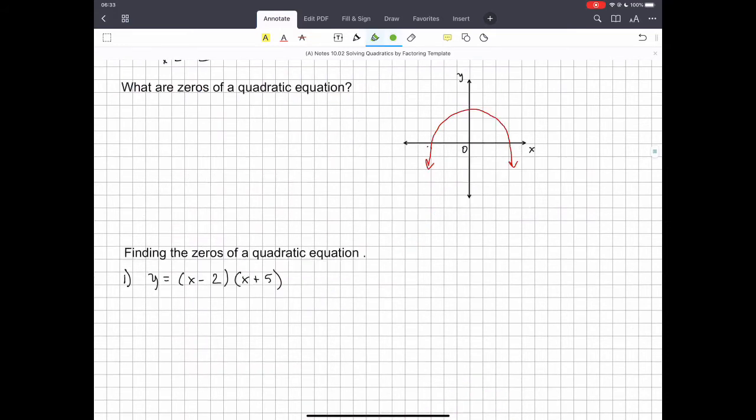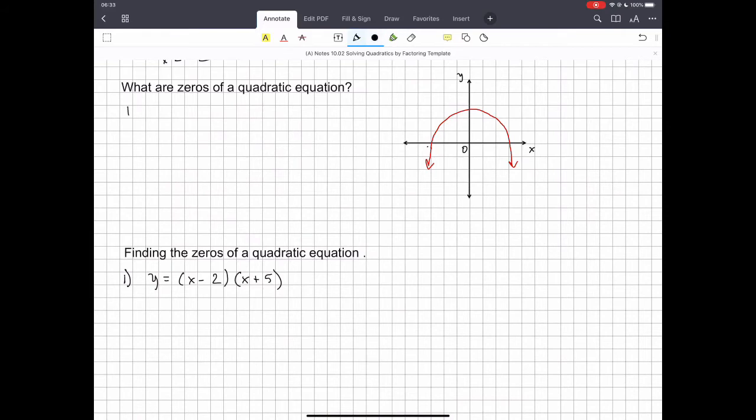So how does that recap fit into what we're doing today? Well, our goal for today is that we're going to find the zeros of a quadratic equation. So what are zeros of quadratic equations?